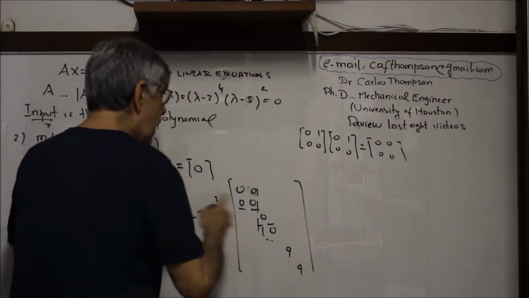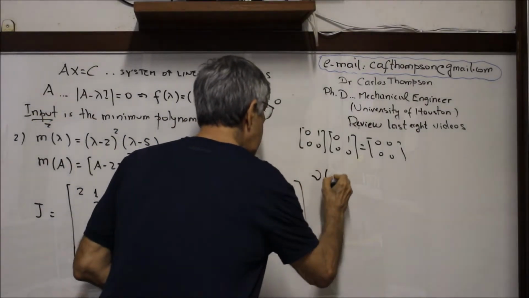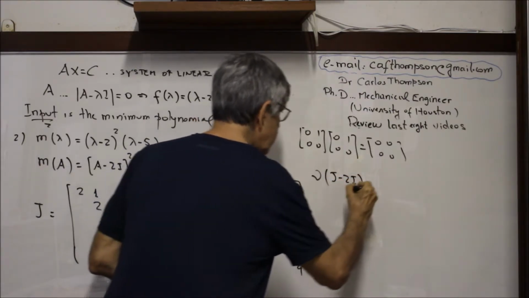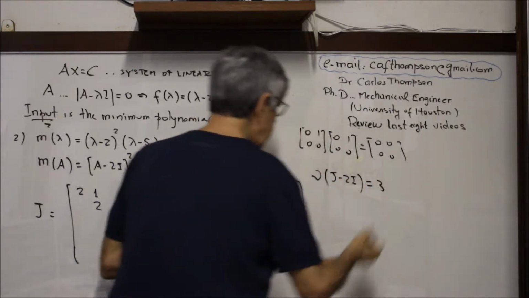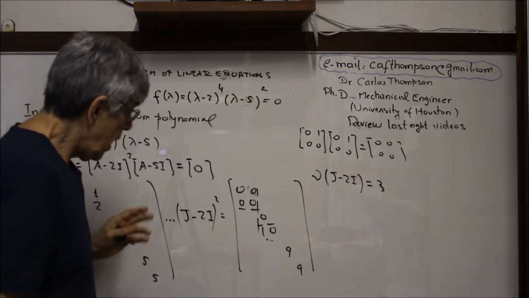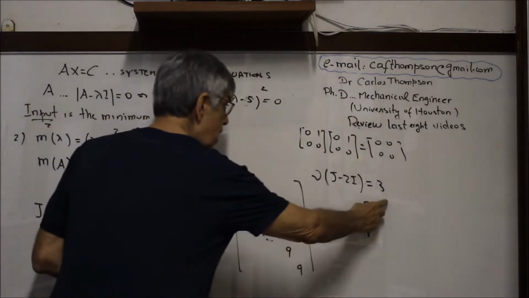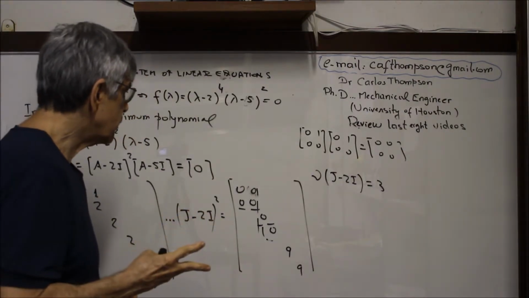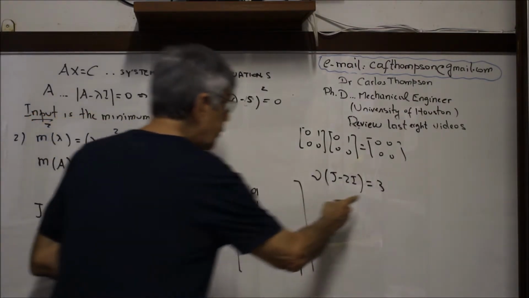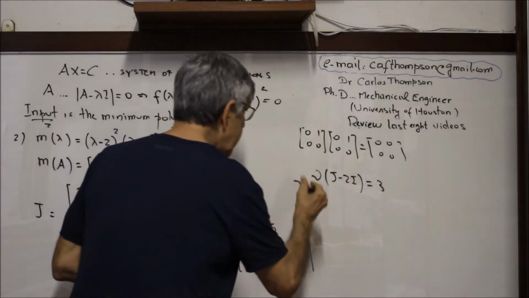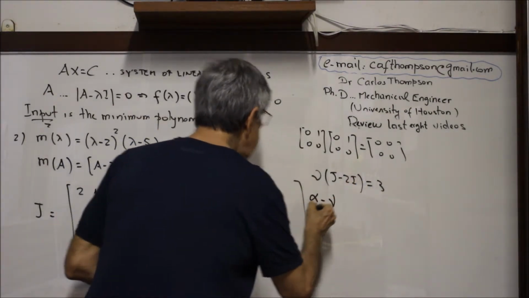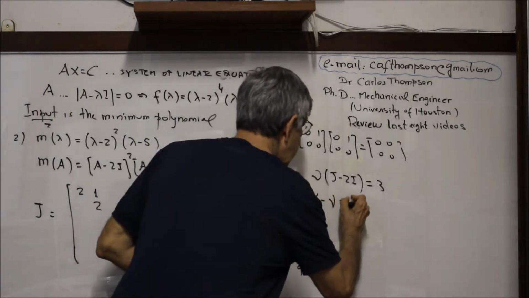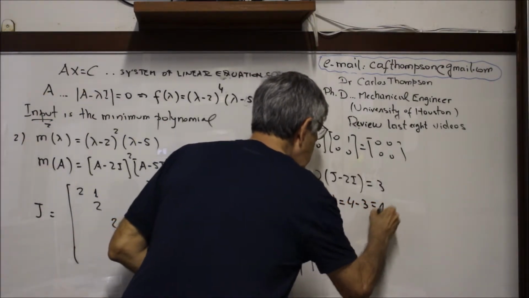Also, one thing I can see here, we have 3 blocks. So immediately I can write that ni of J minus 2I, for this case, is equal to 3. See? Also we have 3 eigenvectors. If you have 3 eigenvectors and alpha minus ni, this is 4 minus 3, which is equal to 1.